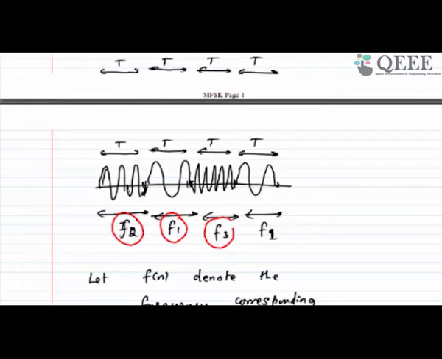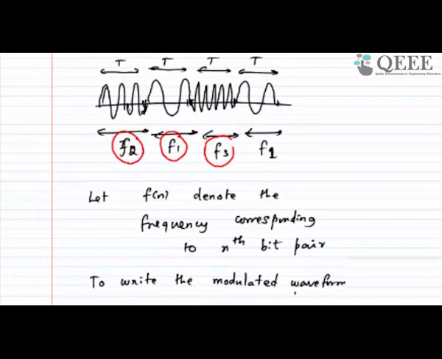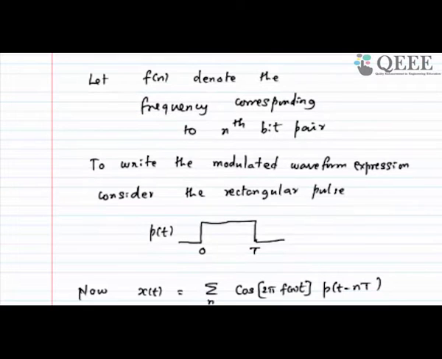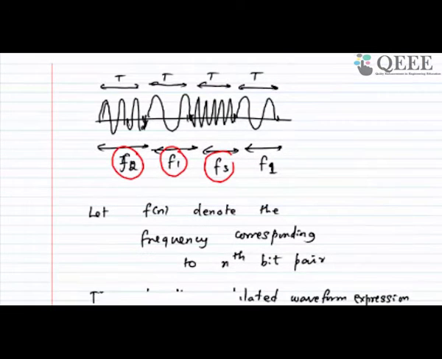So at that sequence basically. Now I can write an expression for this waveform in a mathematical manner. It is easy to draw the picture, right? Every t seconds you have a cosine waveform with frequency depending on the corresponding pair of bits. So drawing the picture is easy.